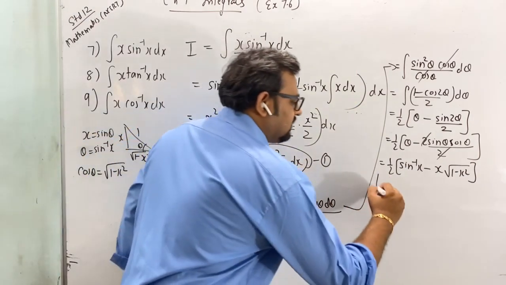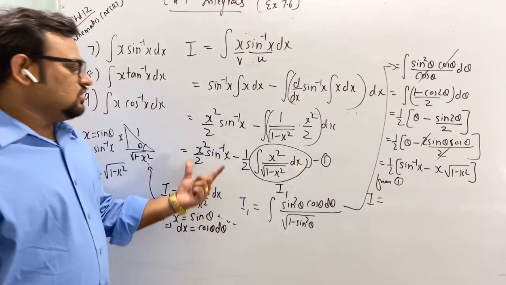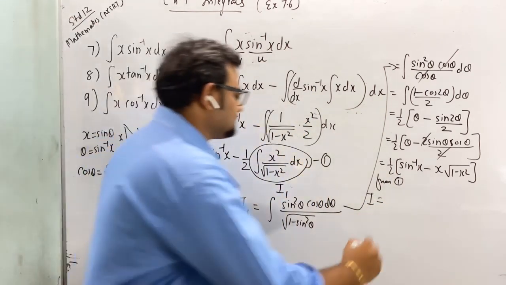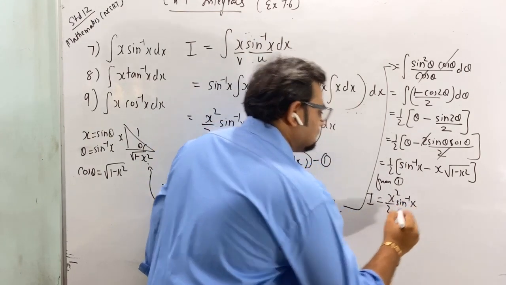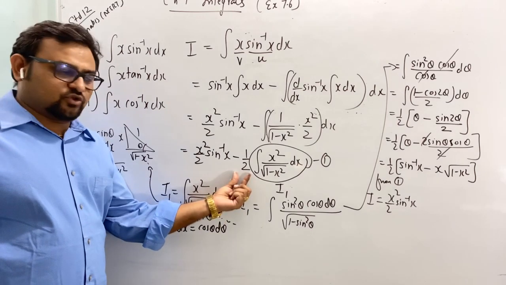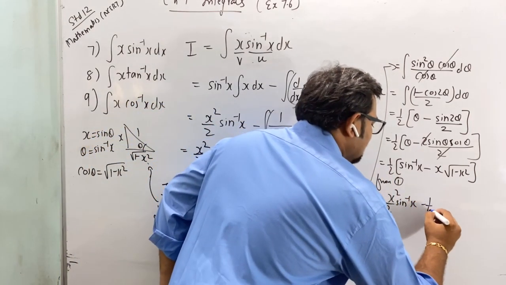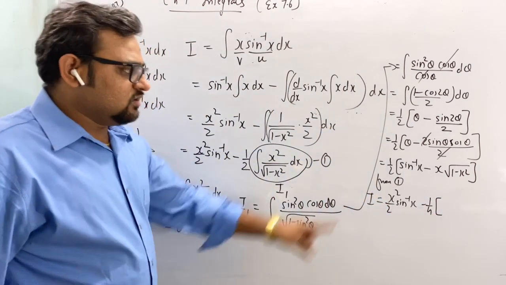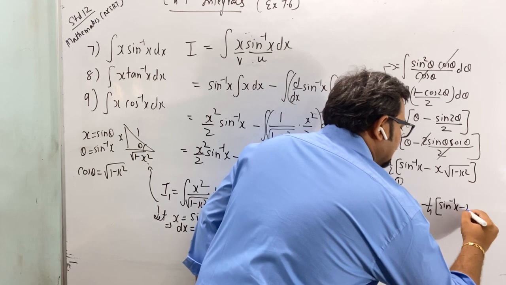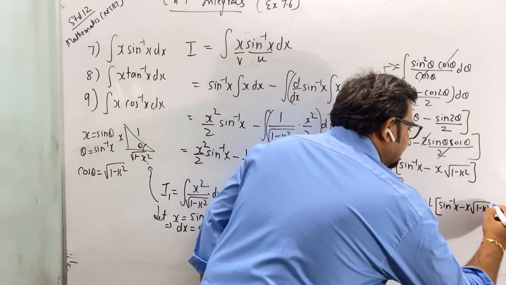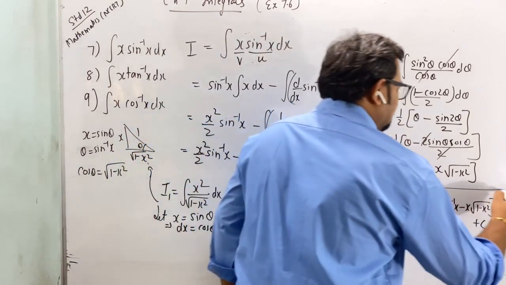So from 1, I is equal to x square by 2 sine inverse x minus 1 by 2 into 1 by 2, that is 1 by 4, sine inverse x minus x root of 1 minus x square plus c.